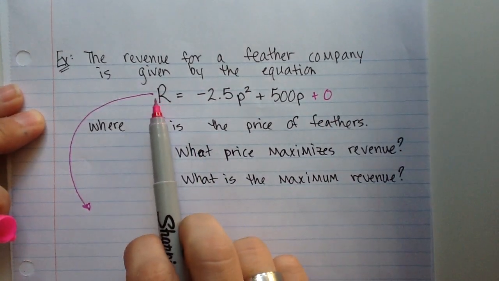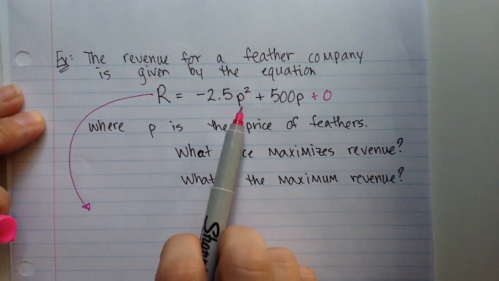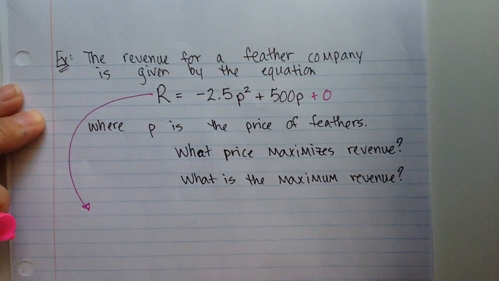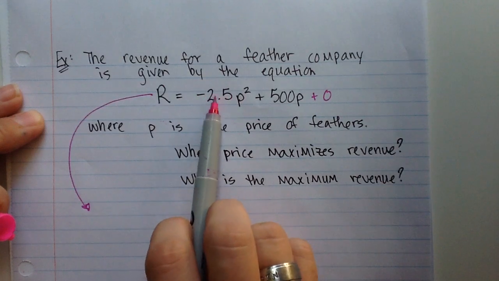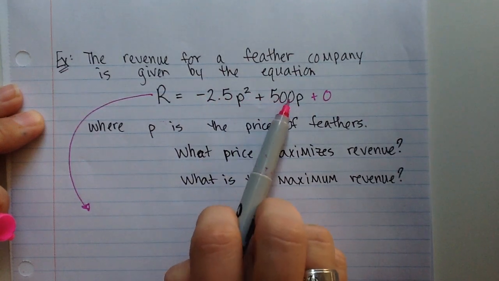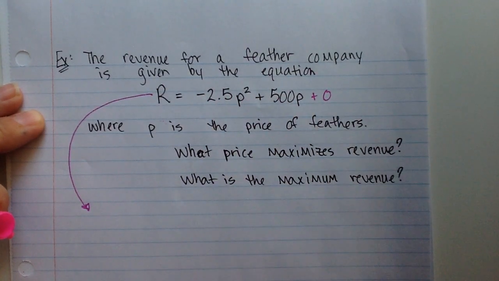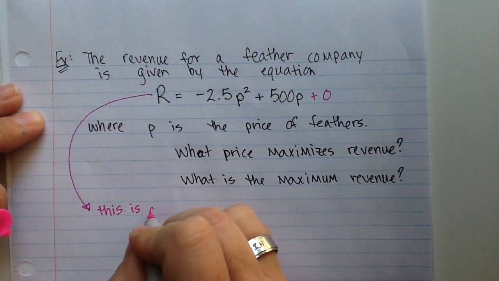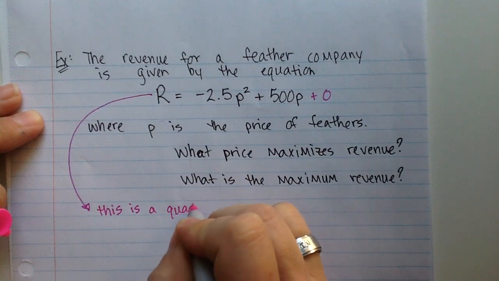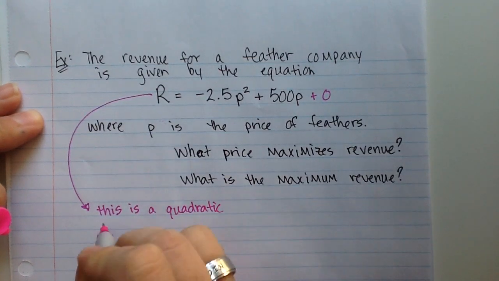So R is like my y value, and p is like my x value. So it's like y equals ax squared plus bx plus c. So this is a quadratic function in standard form.